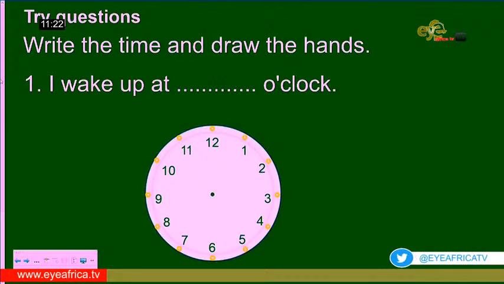Question 1 reads, I wake up at dash o'clock. You are going to fill in the time and you plug in the shorter and the longer hand.